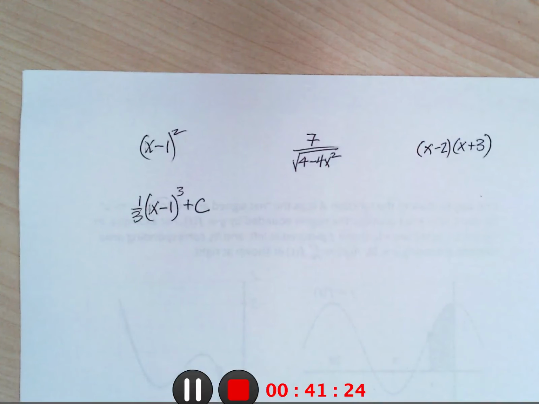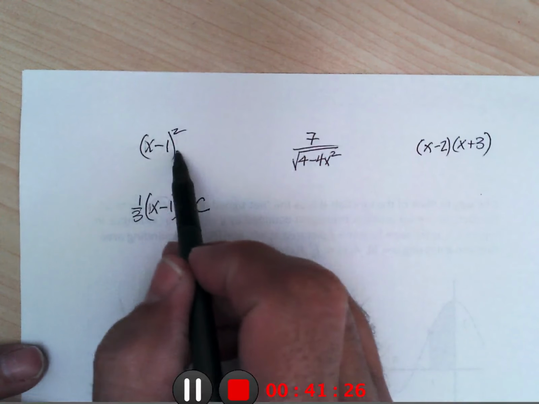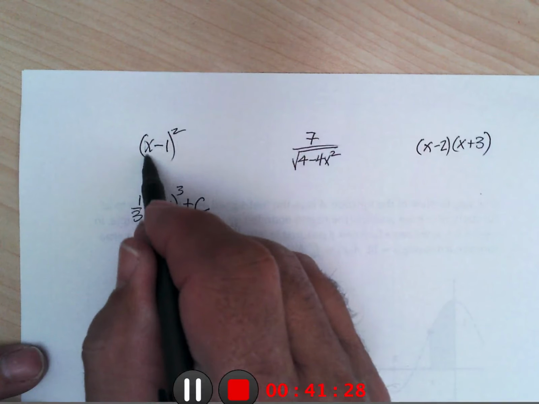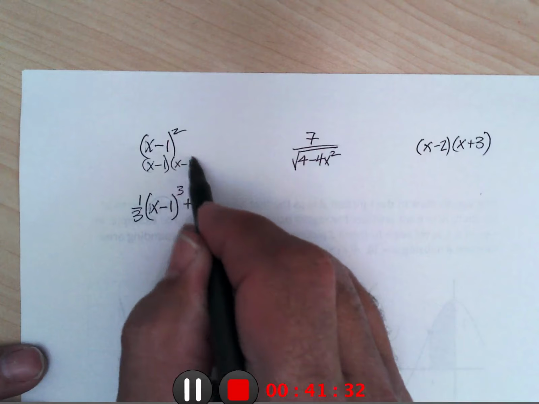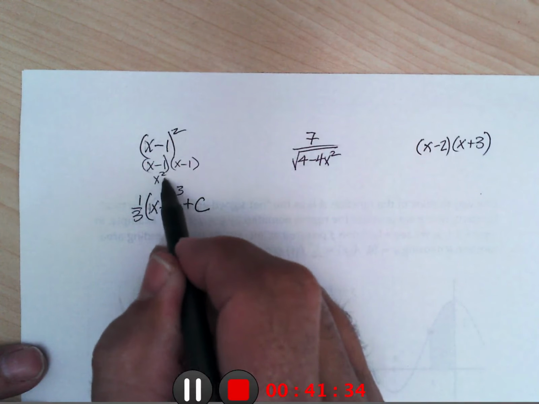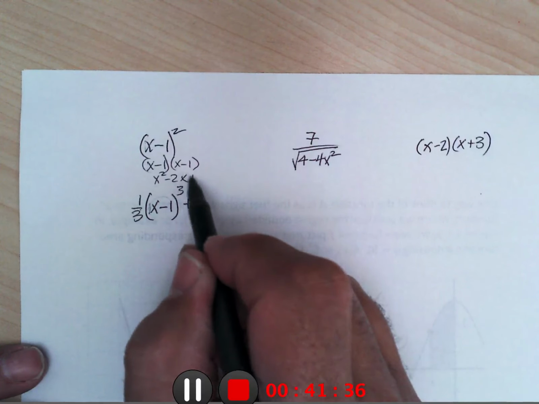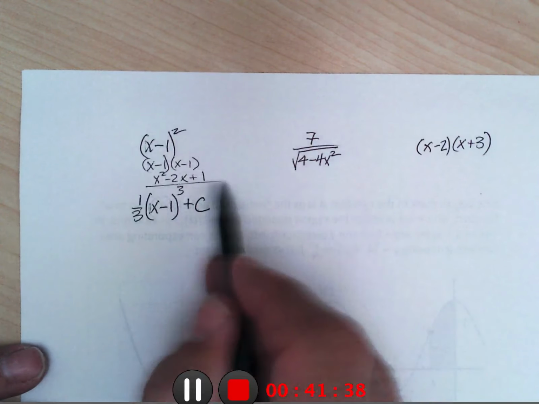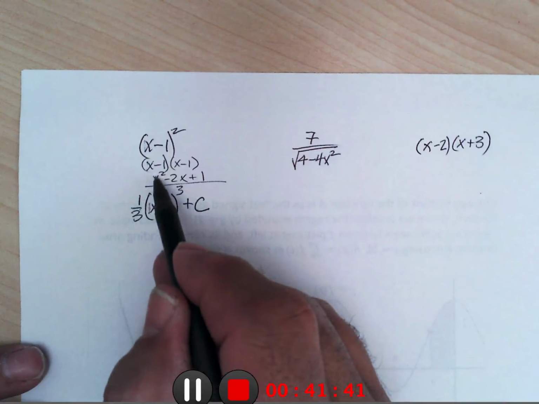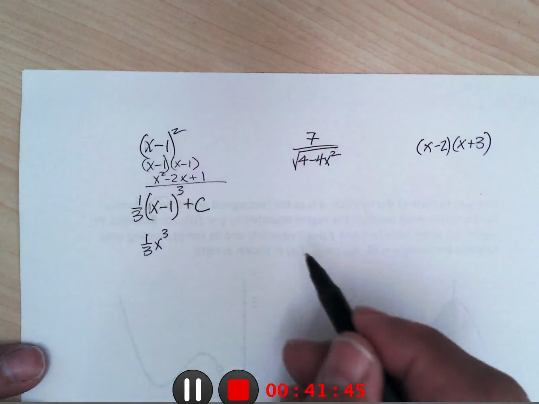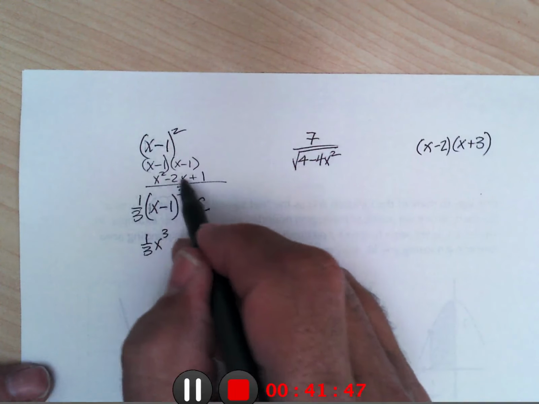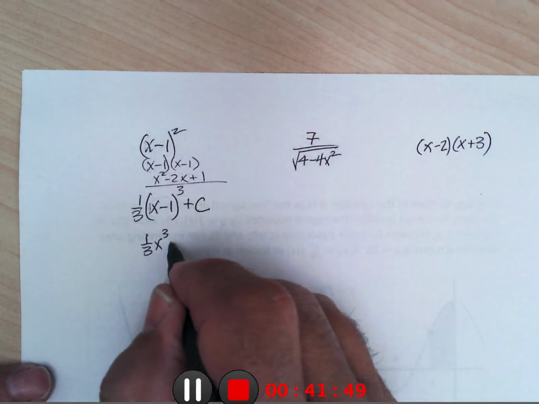Now another way to approach this one is to multiply this out. Go x minus 1 times x minus 1, which is x squared minus 2x plus 1, and then take the antiderivative of that. The antiderivative of x squared is 1/3 x to the third. Antiderivative of minus 2x is minus x squared.